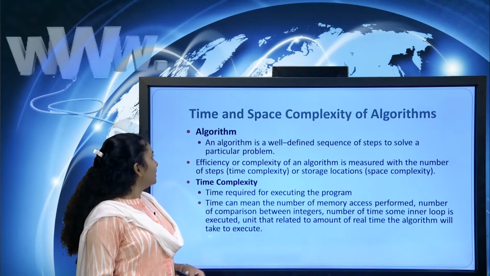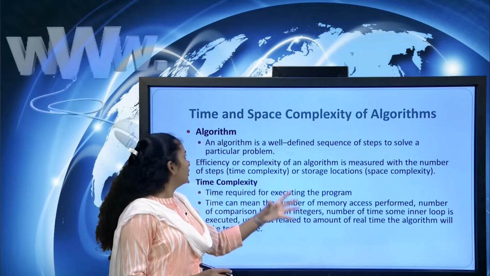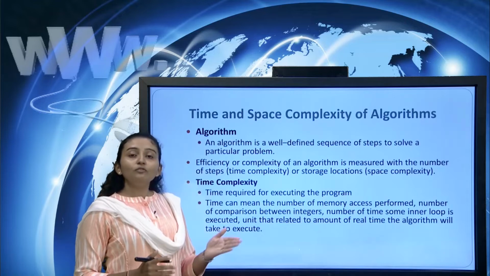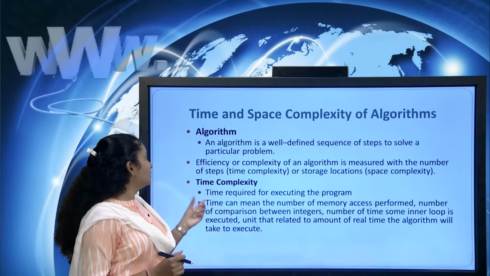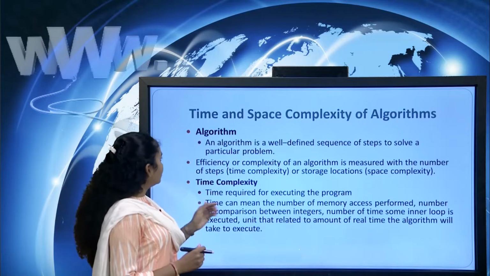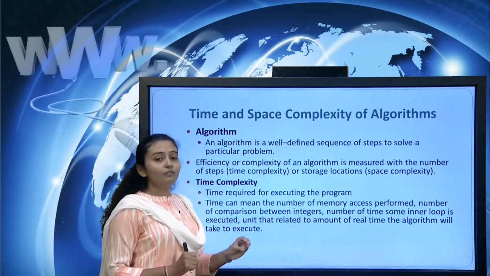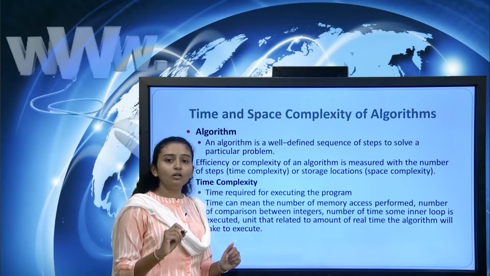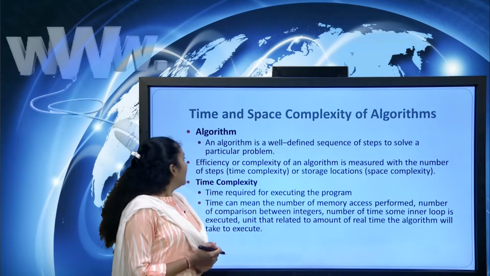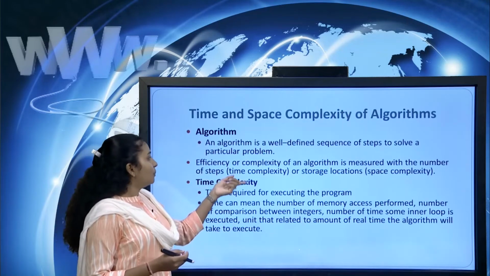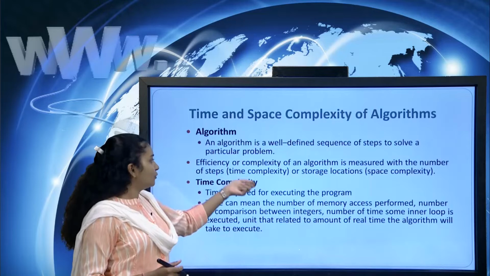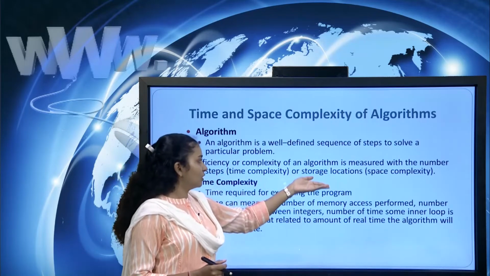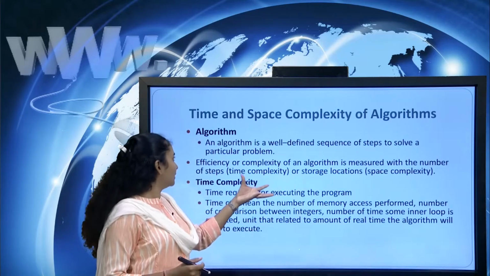Our next point is the time and space complexity of an algorithm. Before going to time and space complexity, let's first understand what an algorithm is. An algorithm is a well-defined sequence of steps to solve a particular problem. The efficiency or complexity of an algorithm is measured by the number of steps, which is time complexity, or storage locations, which is called space complexity.